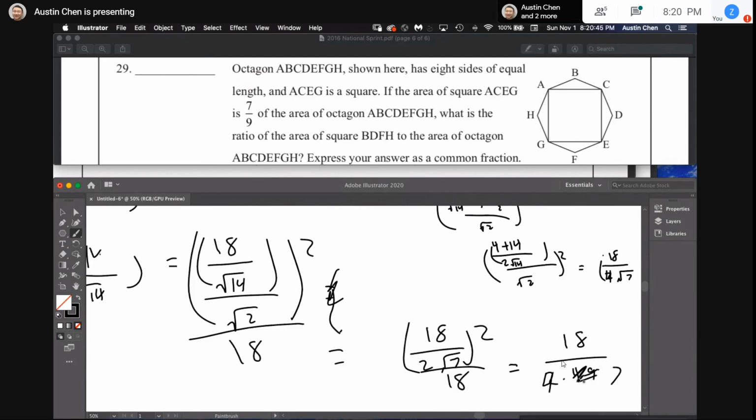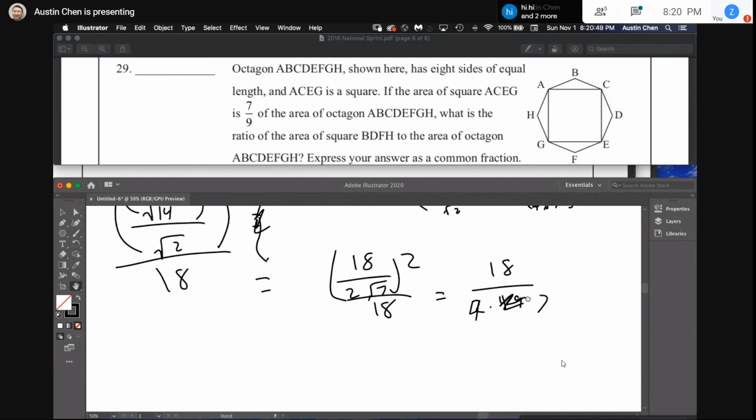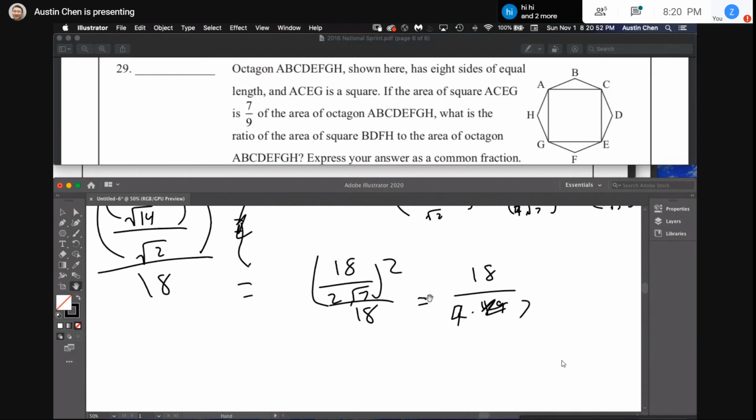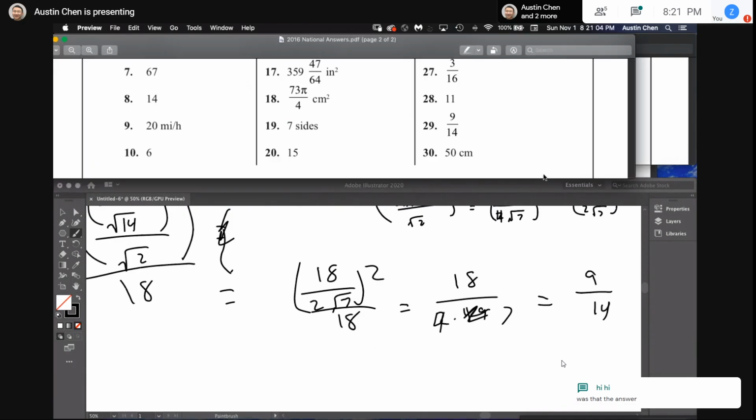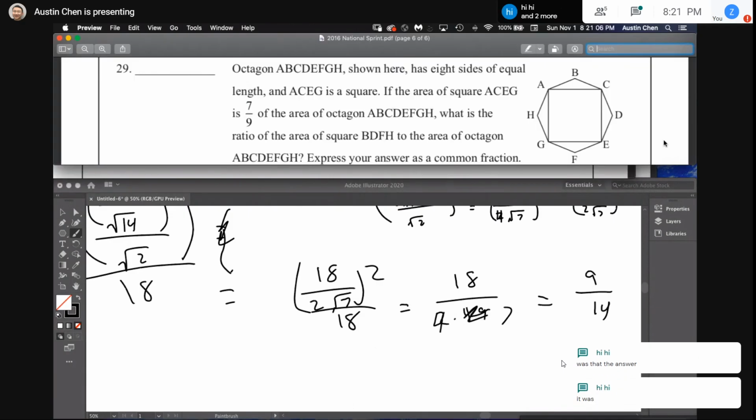Oh my gosh. I'm just being so bad today. Okay. The square of 2 times root 7 should be 4 times 7. So then this will be 9 over 14. Let's go. We finally got it. All right. That was rough.